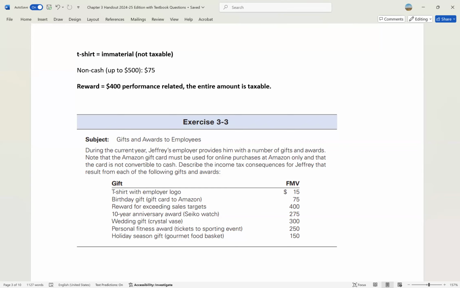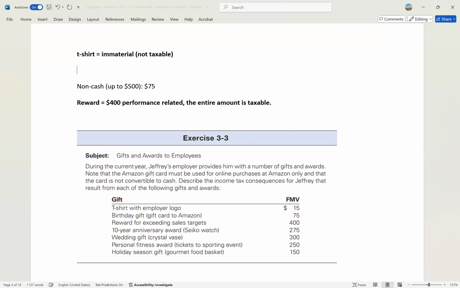The 10-year anniversary award, that was a Seiko watch. That amount is a separate long service anniversary award.